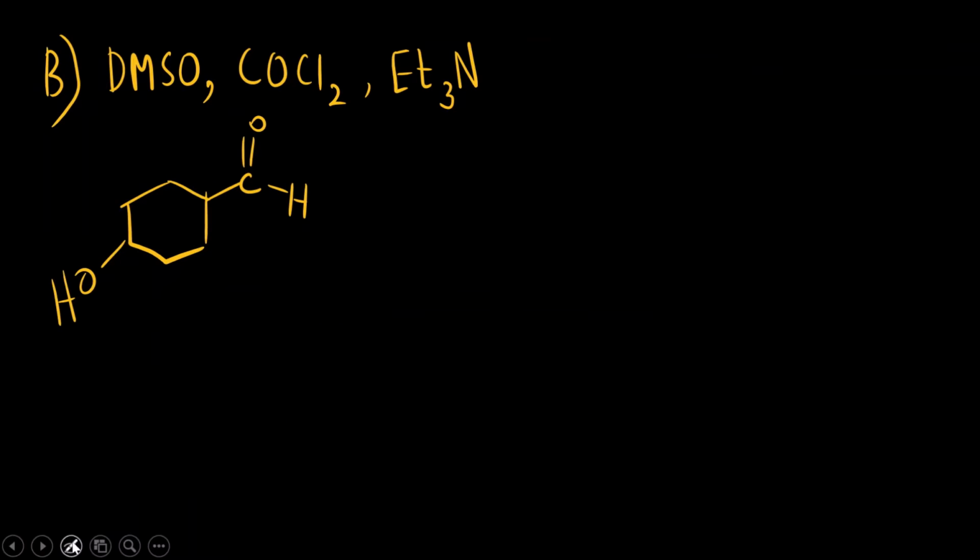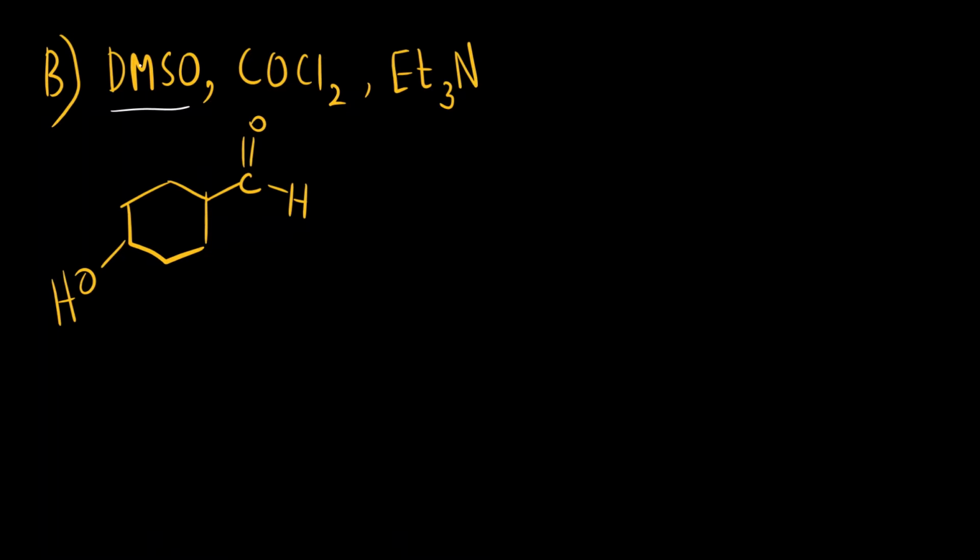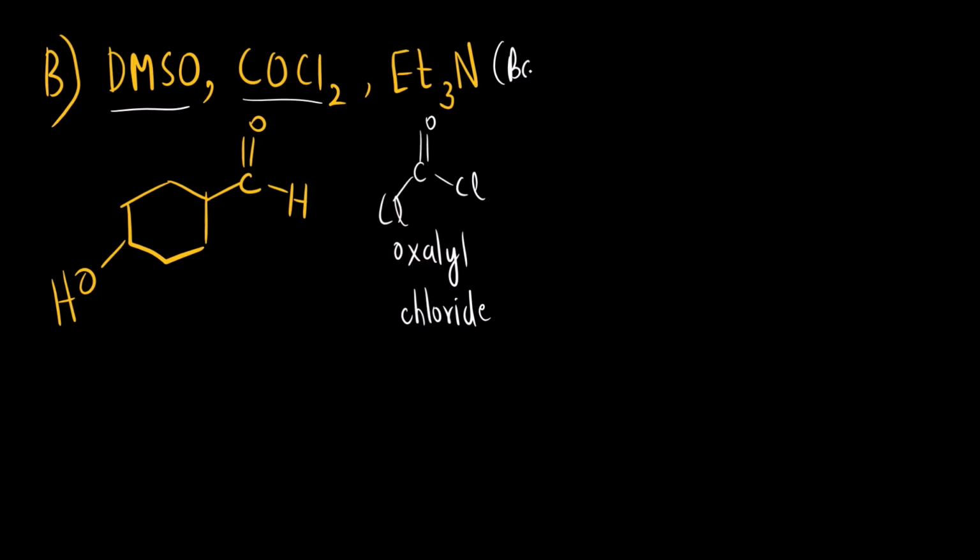The second one, here if you see, which reagent is this? DMSO, dimethyl sulfoxide, plus oxalyl chloride, COCl, and this is a base. Overall, this reagent combination is called Swern oxidation.